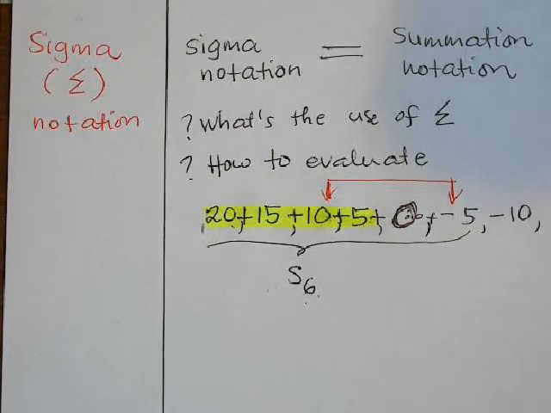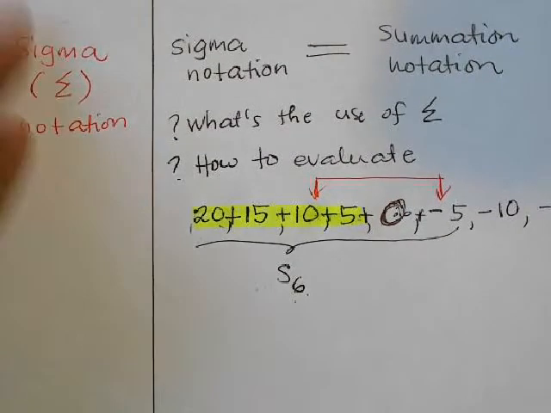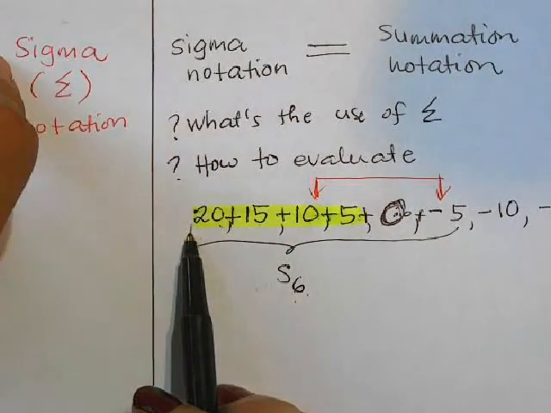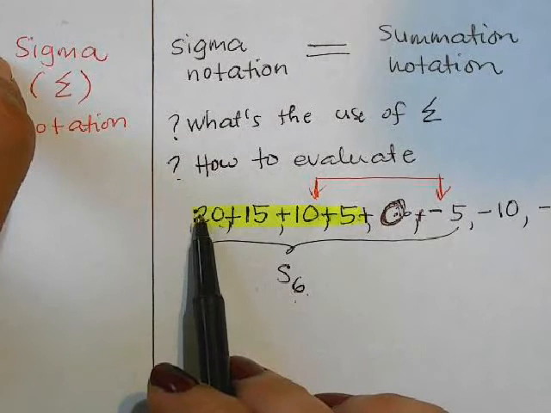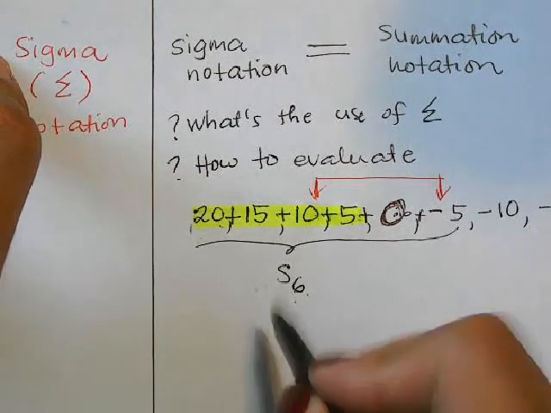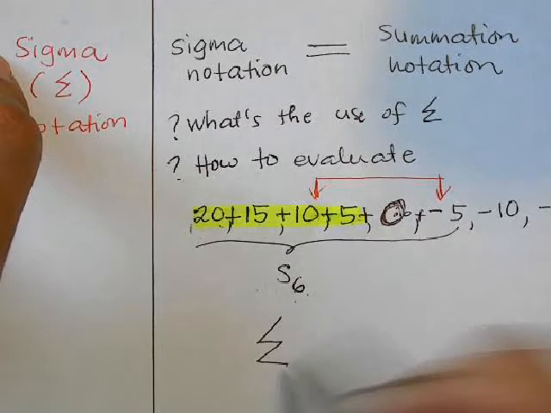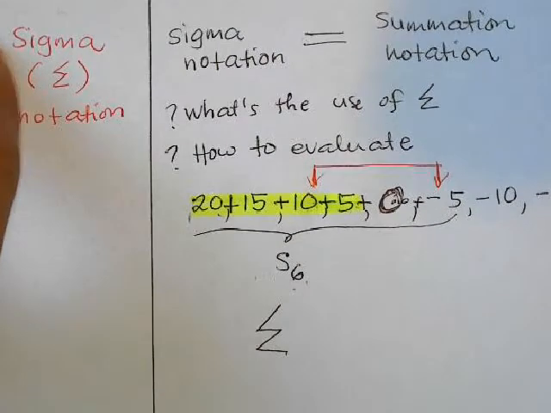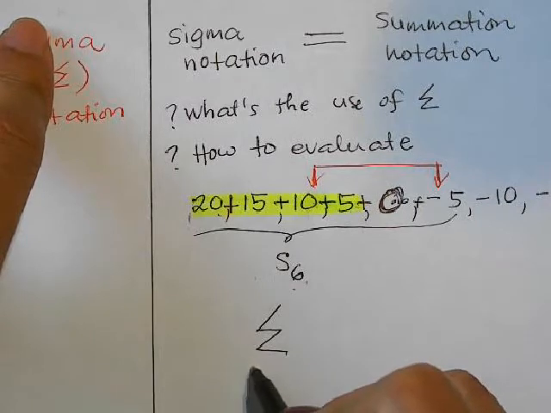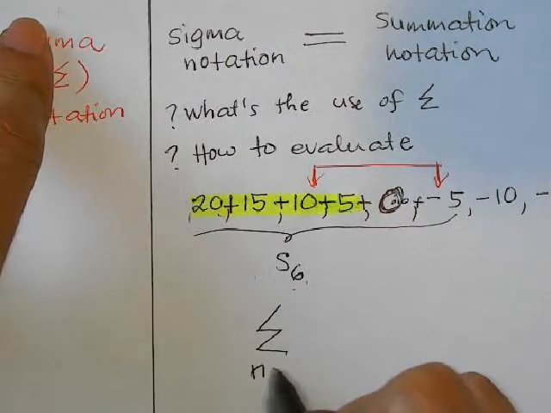So that is when you will write it in sigma notation, when you do not start from the first term. You write your sigma notation, then you write which term you want to start. You can use n.